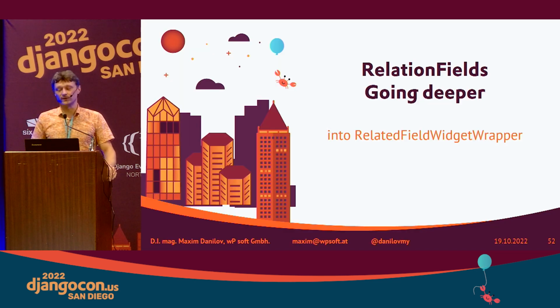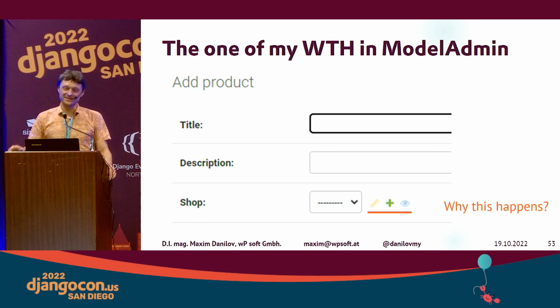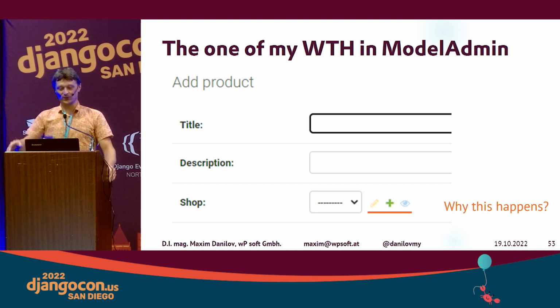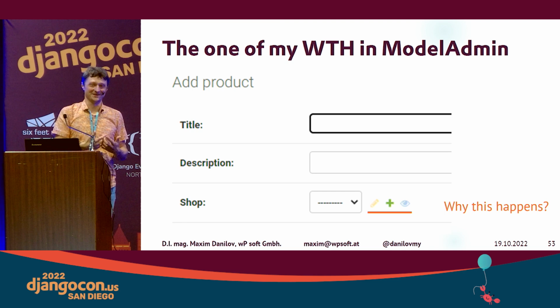Okay, related field. We can go deeper, into the related field widget wrapper. This related field widget wrapper was probably my first "what the hell" when I started to work with model admin.